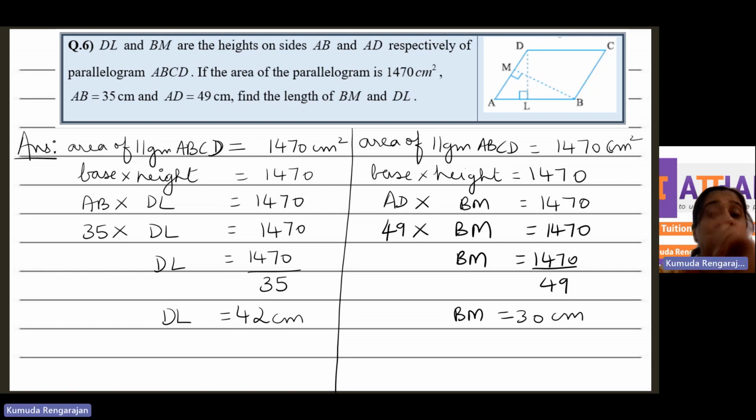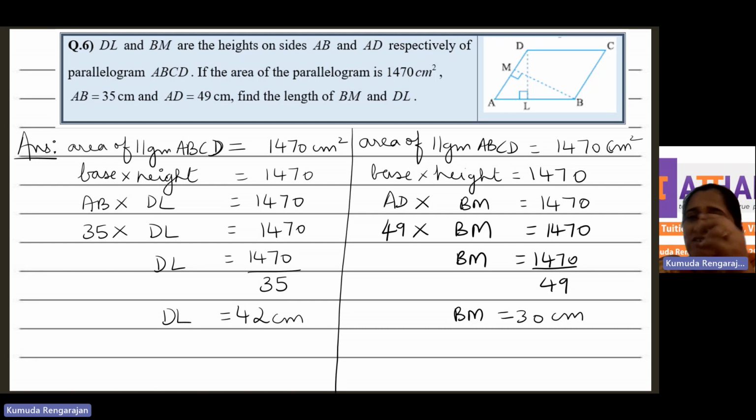Which are the other two sides of the parallelogram? BC and DC are the other two sides. Correct. So we need to understand what is given and what we have to find. That's very important. The area of the parallelogram is given. And two sides are given to us. That is, the two bases are given to us. Sides are only the base.